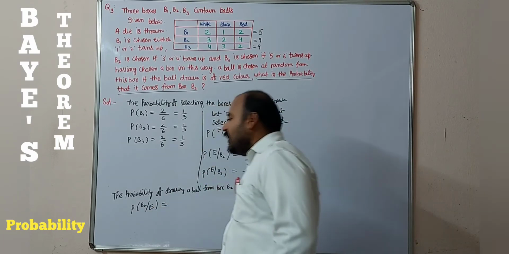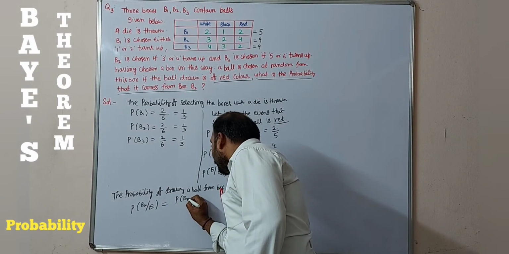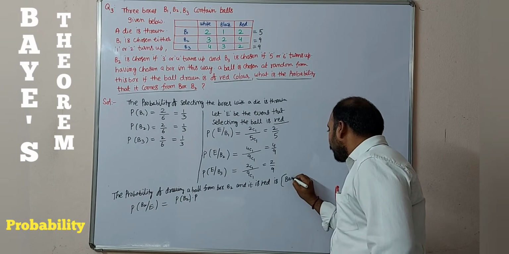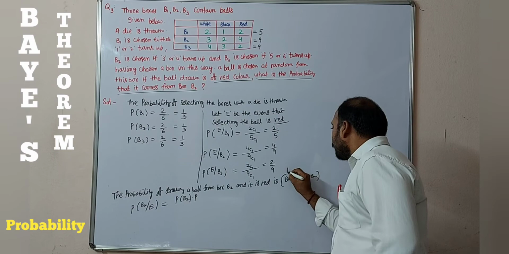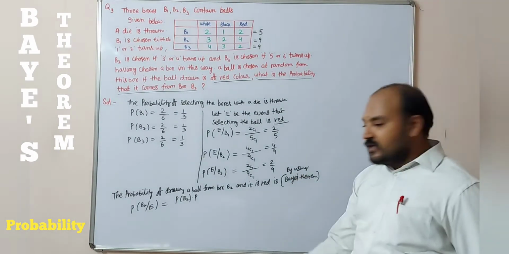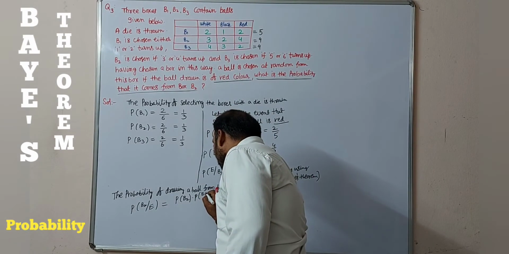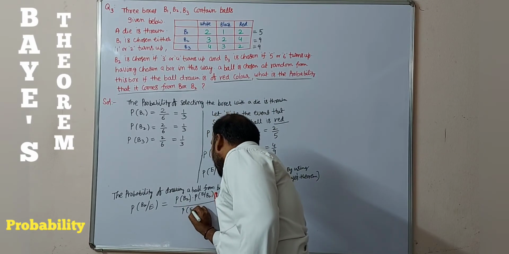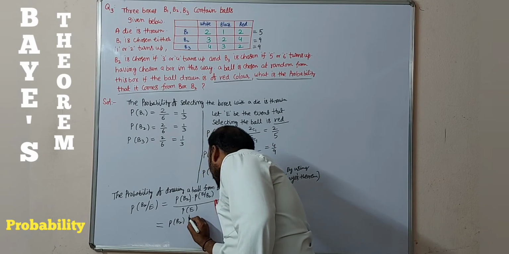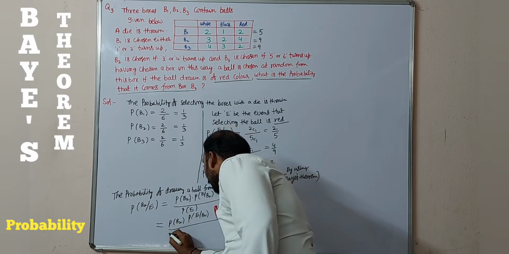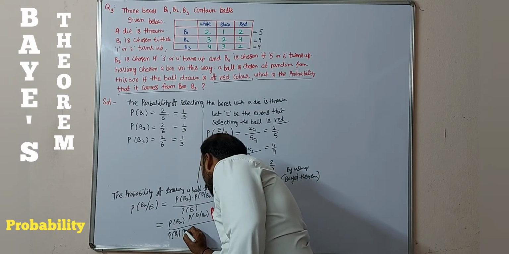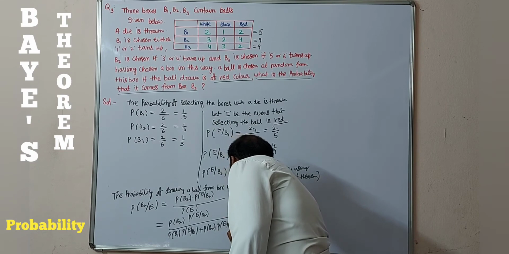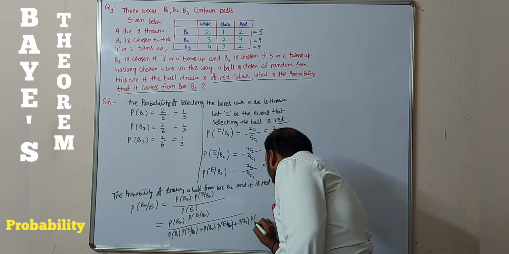So P of B2 given E, by the definition of conditional probability, by using Bayes theorem, is P of B2 into P of E given B2 divided by P of E. P of E means the sum of the probabilities: P of B1 into P of E given B1, plus P of B2 into P of E given B2, plus P of B3 into P of E given B3.